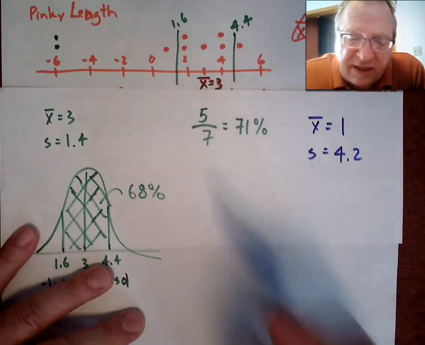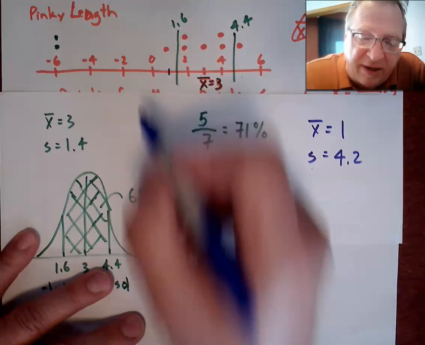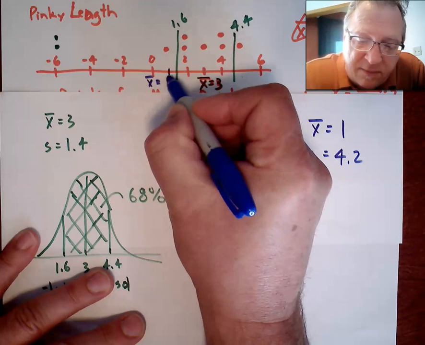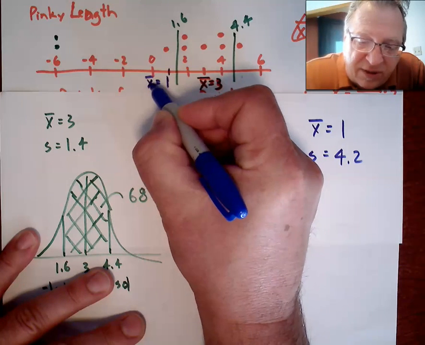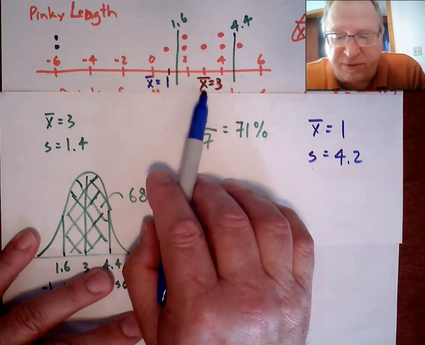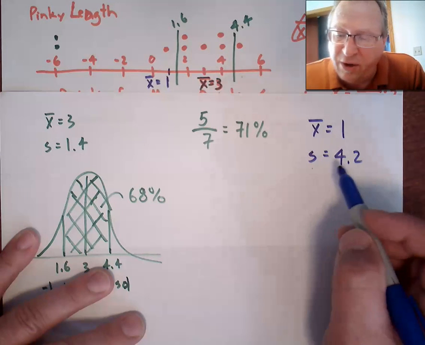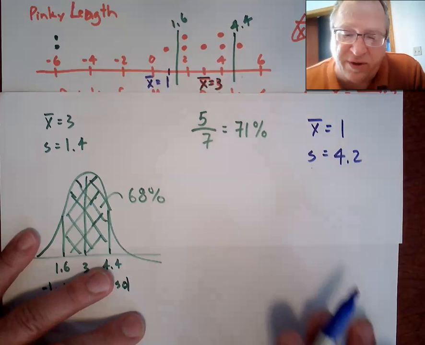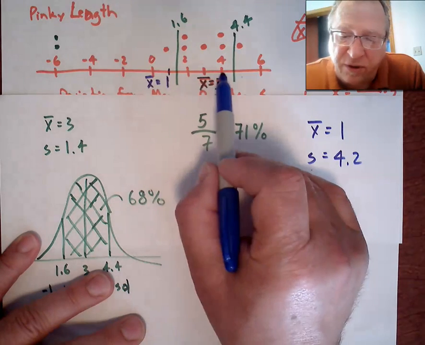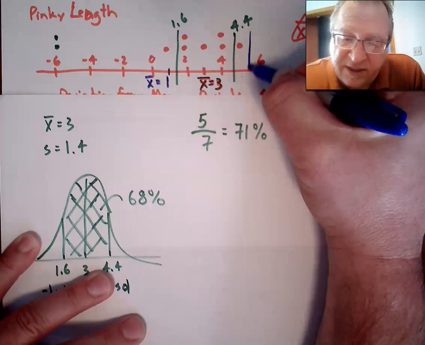So our new sample mean is here. X bar equals 1. I wish I had some more space, but that's okay. We'll get by. So it's changed from 3 down to 1. And now if we add 4.2 to 1, we're up at 5.2. Let's draw that line in. 5.2 is somewhere out here.